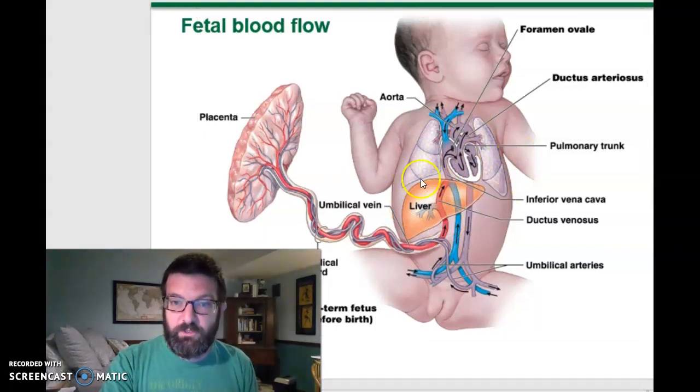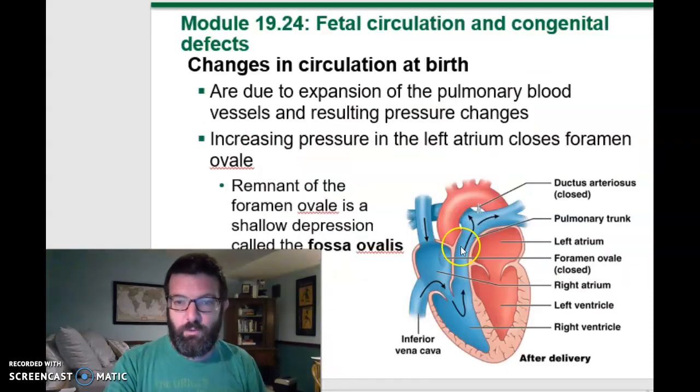Now, the next couple of changes are going to be with your foramen ovale, which is between your atria, and your ductus arteriosus, which is between your pulmonary trunk and your aorta, and we're going to zoom in to look at those a little bit more closely. So when you are a fetus, the blood that comes back into your right atrium from the inferior vena cava is oxygenated, right?